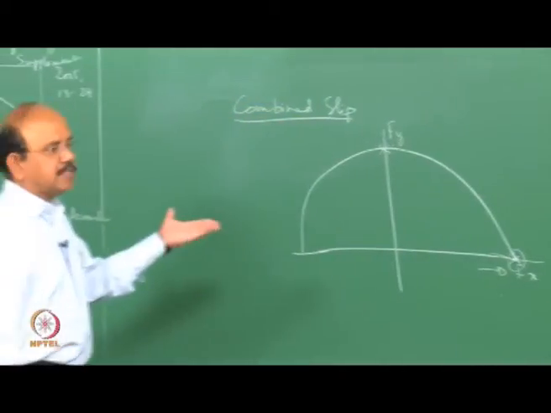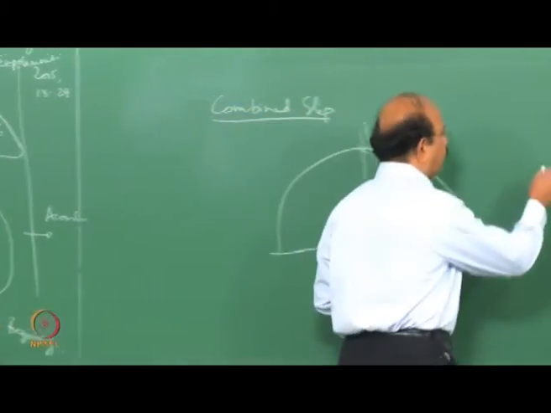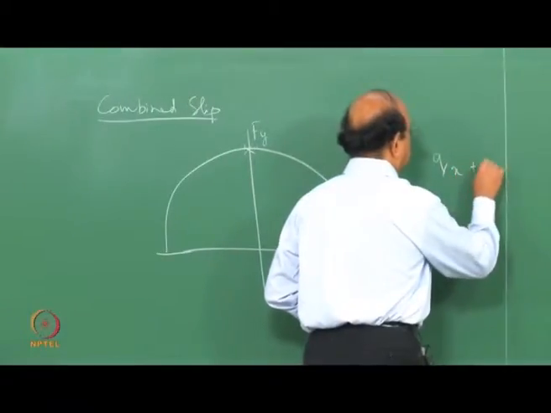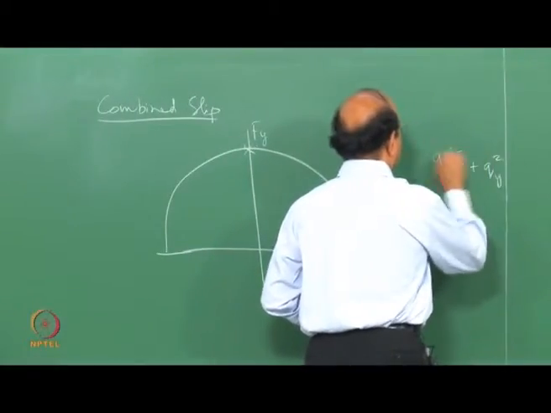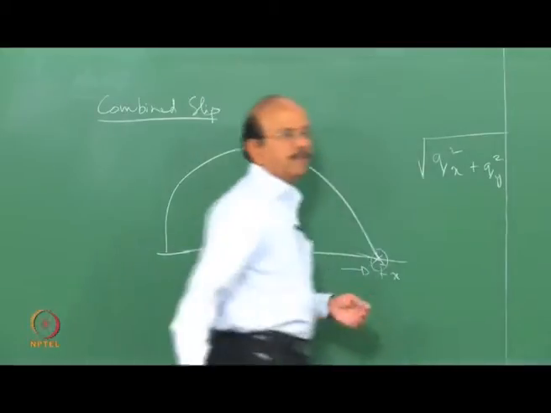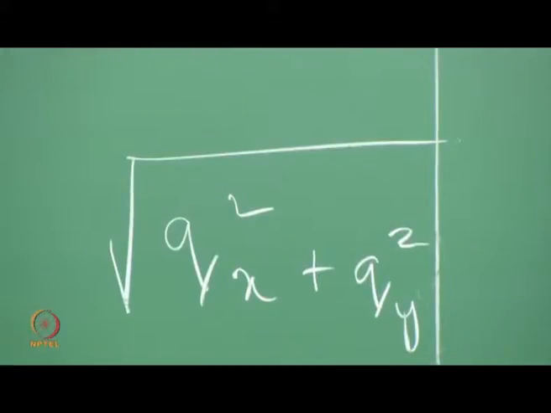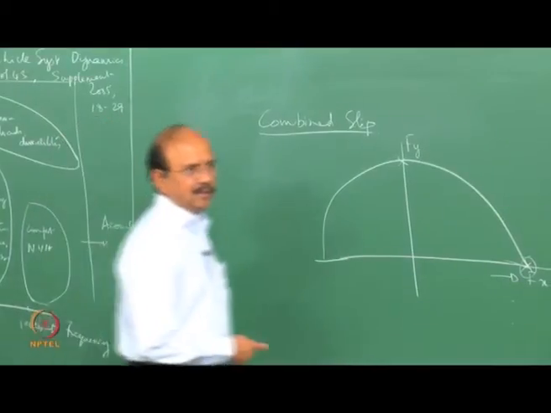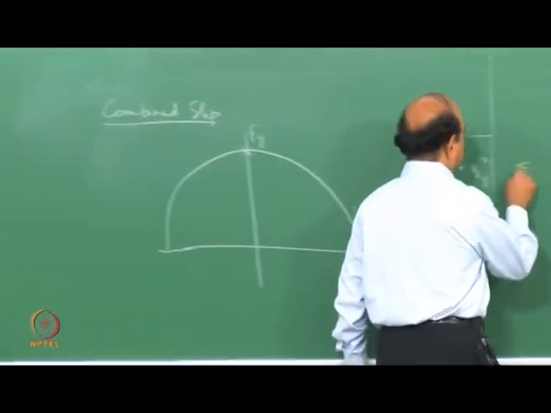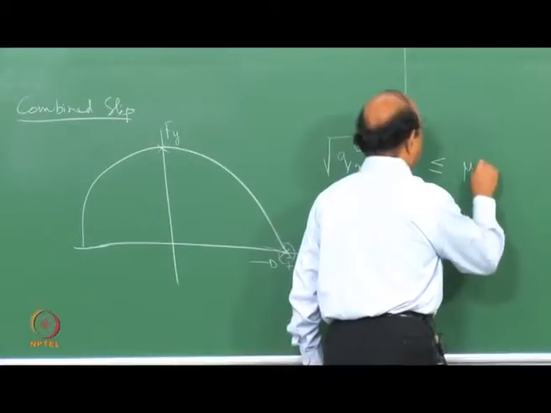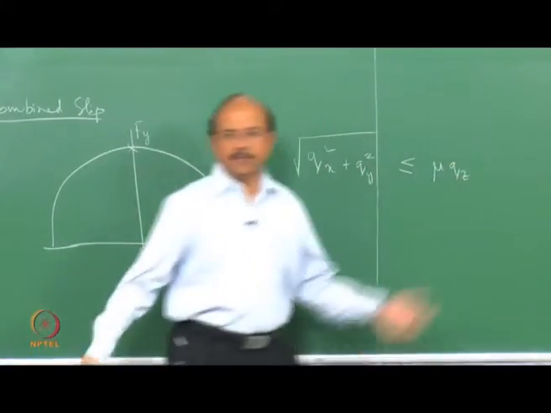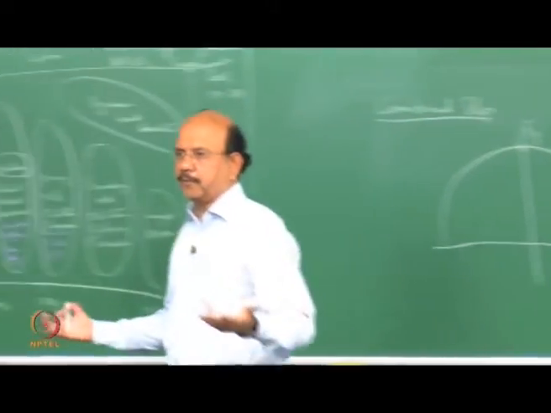Because this is nothing but the force, the square root of qx squared plus qy squared, that's the force per unit length, which should be less than or equal to mu into qz. Here qz is the normal force per unit length.